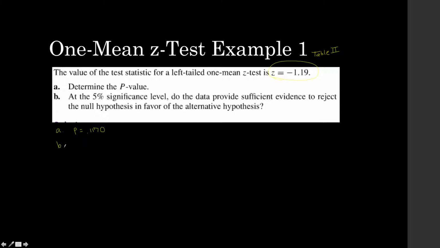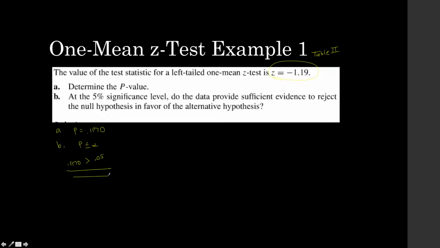Alright, letter B. At the 5% significance level, does the data provide significant evidence to reject the null in favor of the alternative? Well, remember, this is how we reject. P has to be less than or equal to the significance level to reject. So the significance level is 0.05, but the p-value is 0.1170.